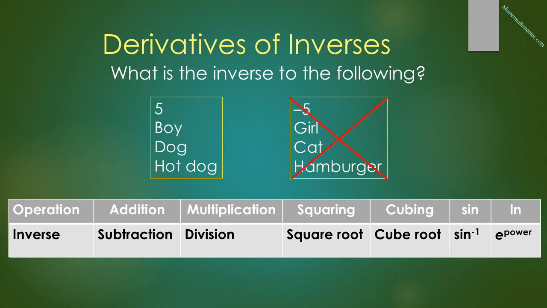The inverse operation to multiplication is division. The inverse operation to squaring is square rooting. The inverse operation to cubing is cube rooting. The inverse operation to taking the sine is taking the inverse sine, not, by the way, taking the cosecant. And the inverse operation to taking the natural log is raising e to a power.